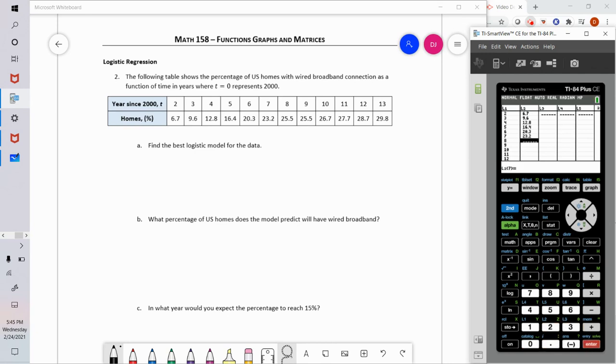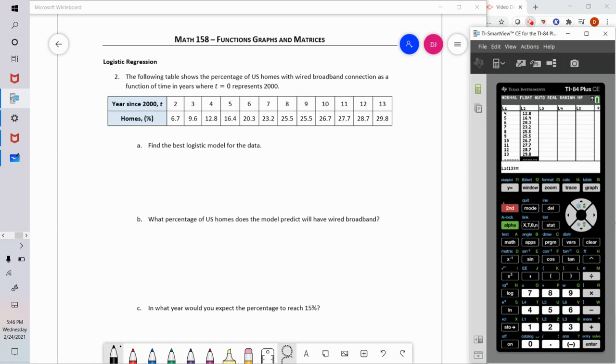This to me is the most boring part. And 29.8. Okay, so there's the data.